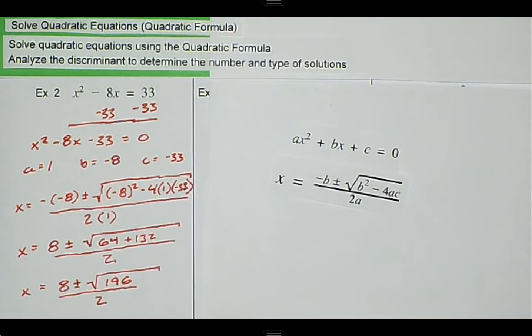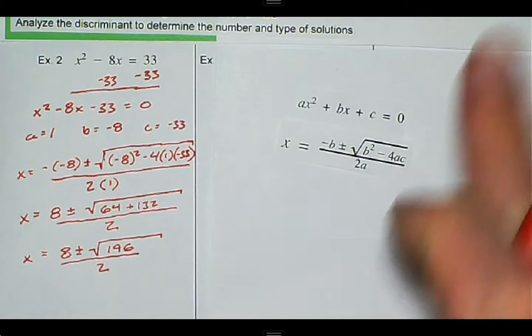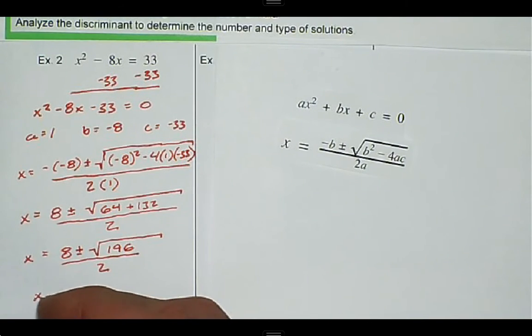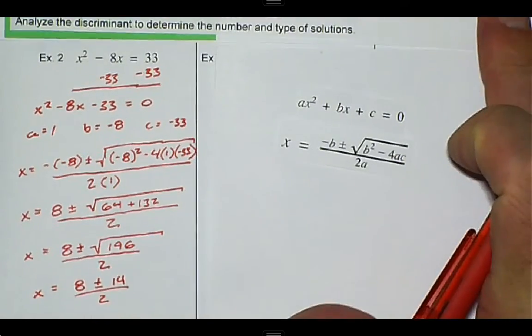And then we can take the square root of 196, and we get 14 underneath the radical. So we get x is equal to 8 plus or minus 14 divided by 2. Now we have to account for both the plus and the minus there.